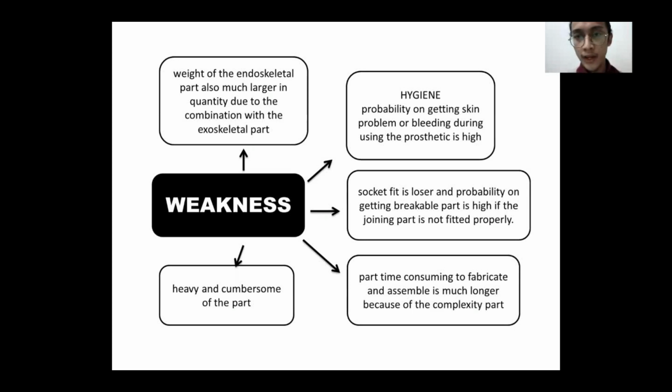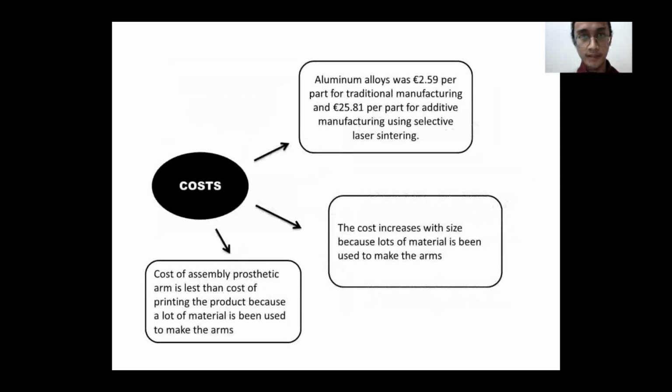In terms of hygiene, there is also a probability of getting skin problems or bleeding while using the prosthetic arm. The time to fabricate is also much longer because of the complexity of making each part using conventional traditional manufacturing processes.